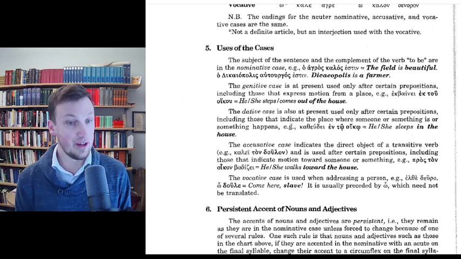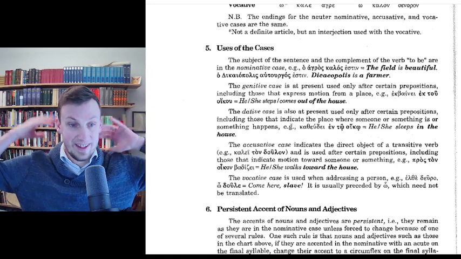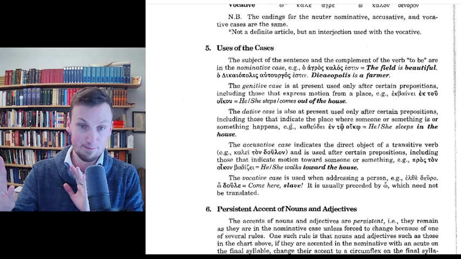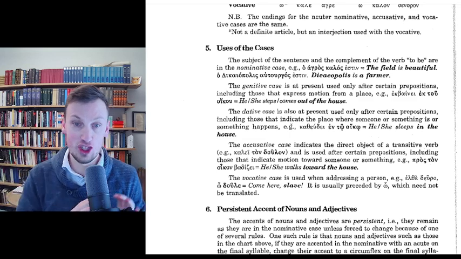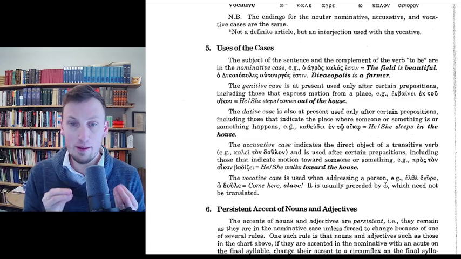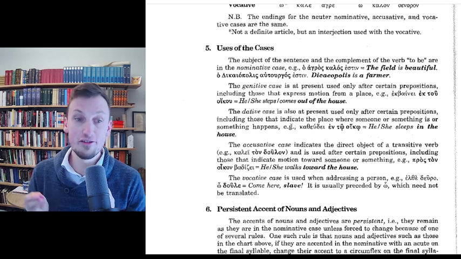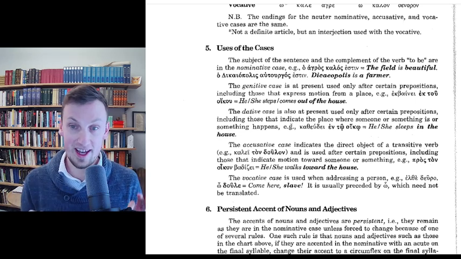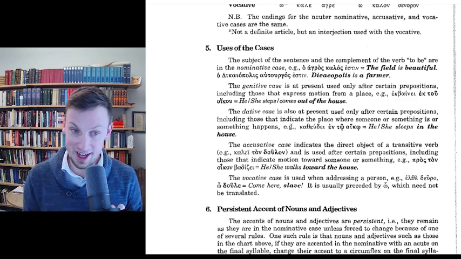Now, there's another case in Proto-Indo-European called the ablative, and the ablative is about separation or source. And the ablative has been consumed by the genitive. So there are also ablative uses of the genitive case. So the genitive case will also express source, and these functions are not always adjectival.